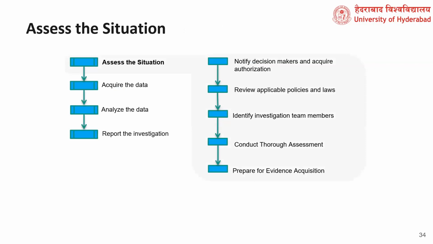So the first step of this computer investigation has 5 minor steps or sub-steps: notifying decision makers and acquire authorization, review applicable policies and laws, identify investigation team members, conduct thorough assessment, prepare for evidence.